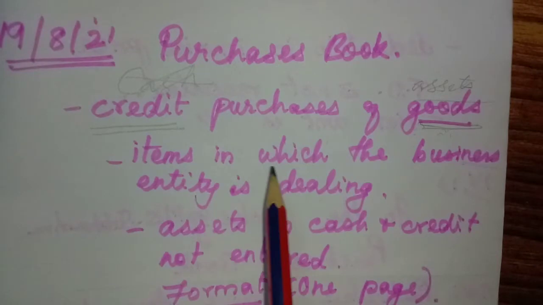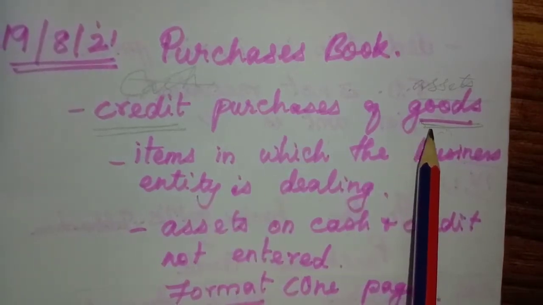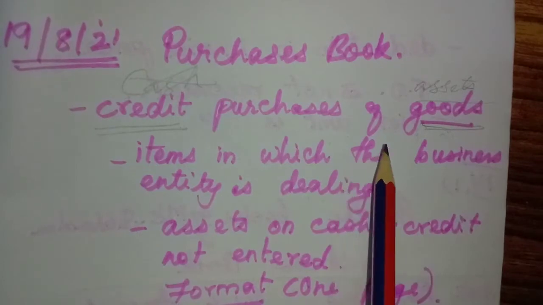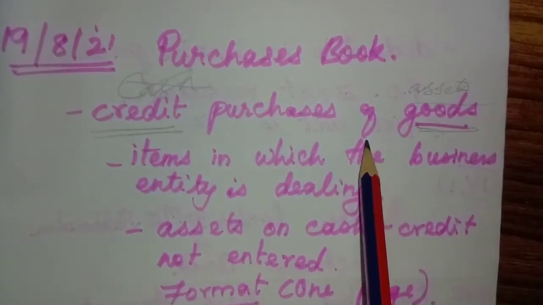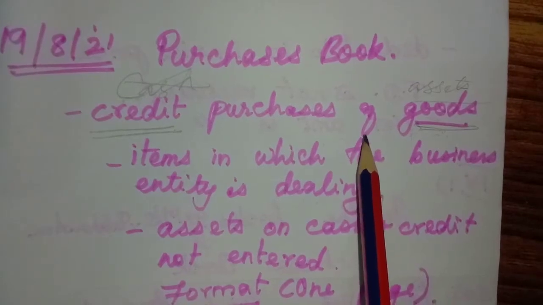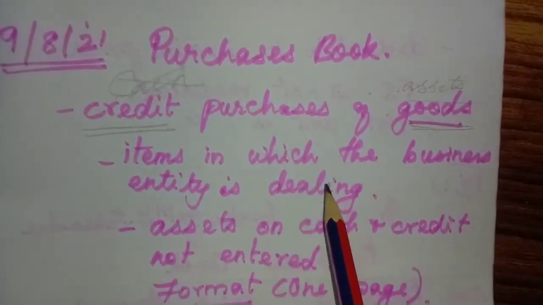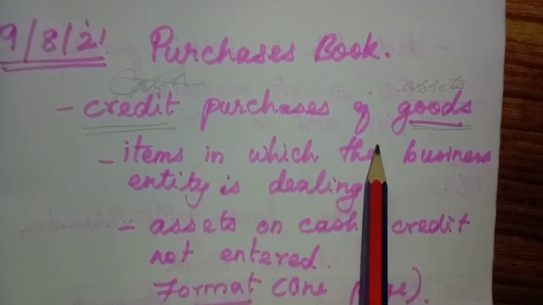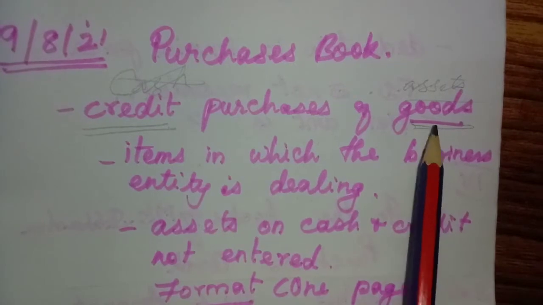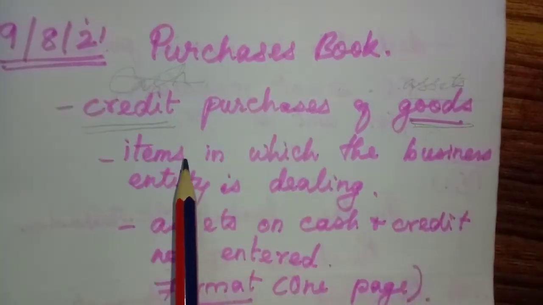Any other asset we use for our own use, but here we are purchasing for the purpose of resale. Only the items that we purchase for resale are defined as goods. Those goods, if we purchase on credit, we have to enter in the purchases book.